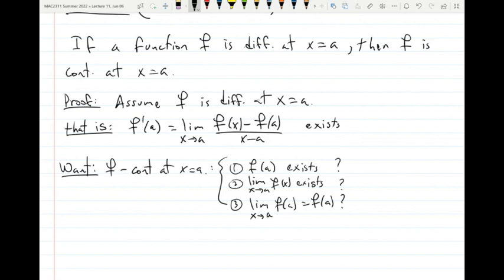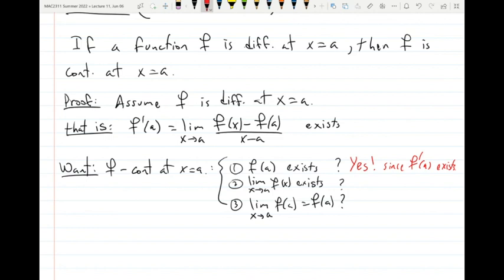So the fact that this limit exists, because that's our assumption, already implies that the function is defined at a. And if you think about it geometrically, we're saying there is a tangent line, therefore there is a point to look at. Do you understand this? So the first one is automatically yes, since f prime of a exists.